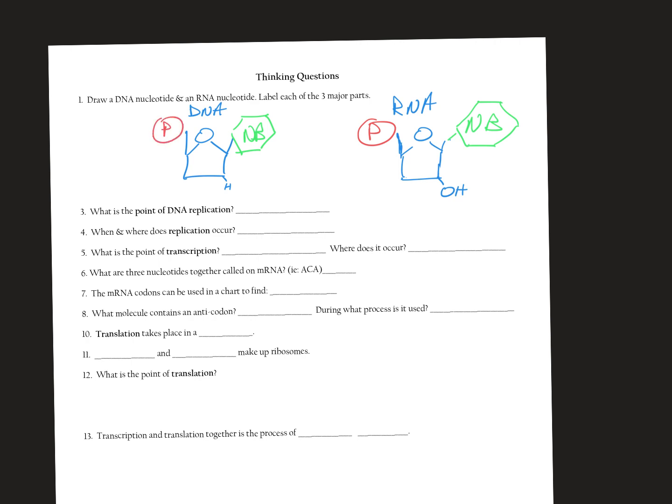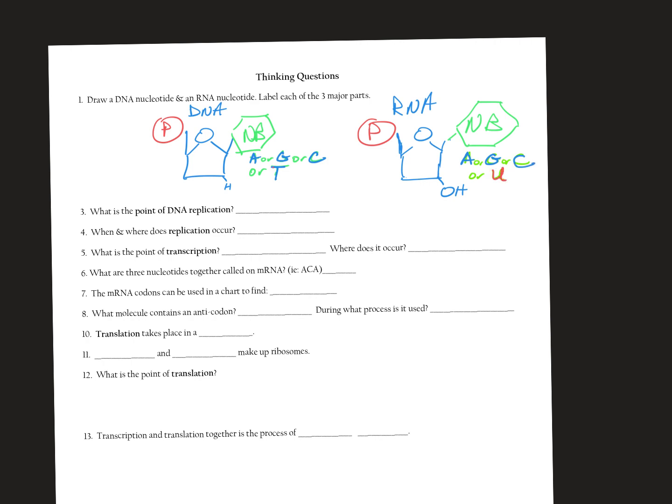In DNA, this nitrogenous base is going to be A, G, C, or T. In RNA, it's going to be A, G, C, or U.